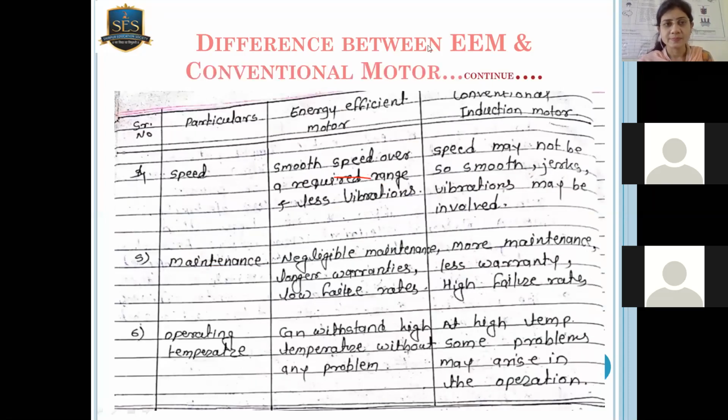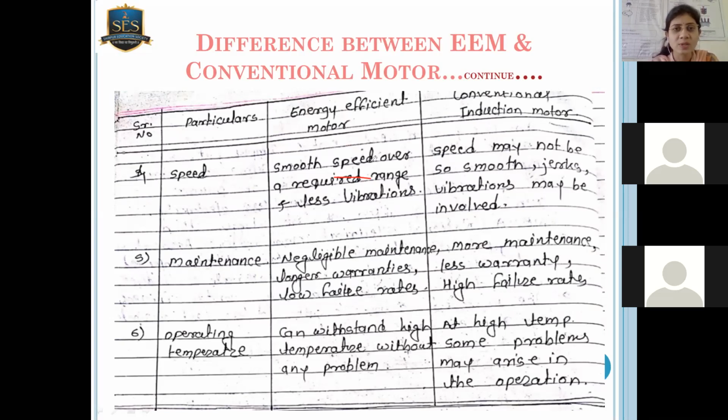After that, the speed of the energy efficient motor is smooth. As we discussed, the soft starter can be used for smooth speed operation of the motor.